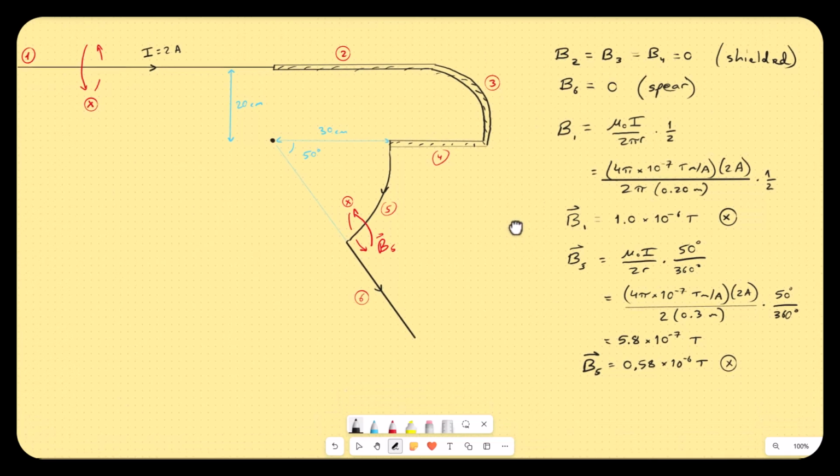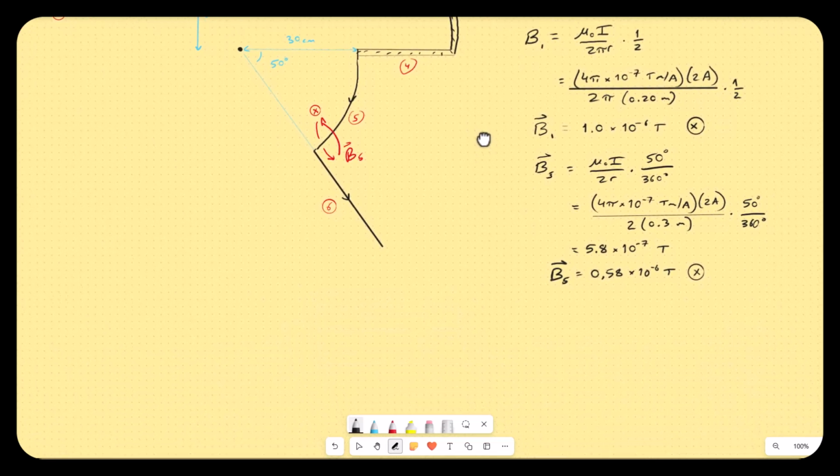And now I can add them together if I want my total magnetic field. I'm going to say my B total equals the sum of my individual B fields. They are both in the same direction. They're both inward. So I'm just going to get 1 plus 0.58. I'm going to get 1.58 times 10 to the minus 6th Tesla. That goes into the screen. That is my B total.